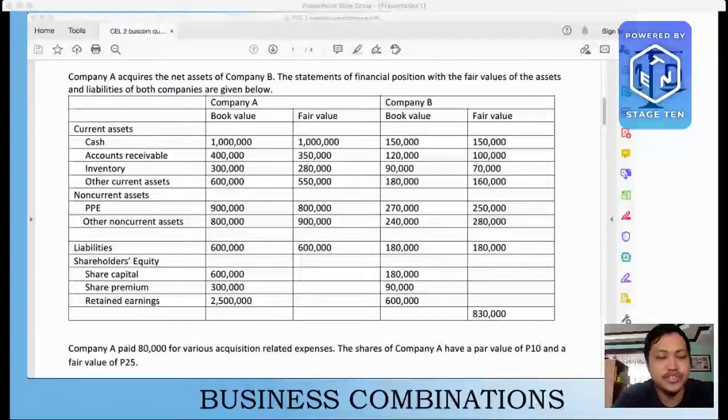Okay? So, as a way of making the students confused, aside from the fair value, the par value would also be given. But again, class, the rule is very simple. Everything that needs measurement is to be measured at fair value. So, if you issue shares to acquire the acquiree, then the consideration is also to be measured at fair value. But again, this should not be a problem if the consideration is in terms of cash.